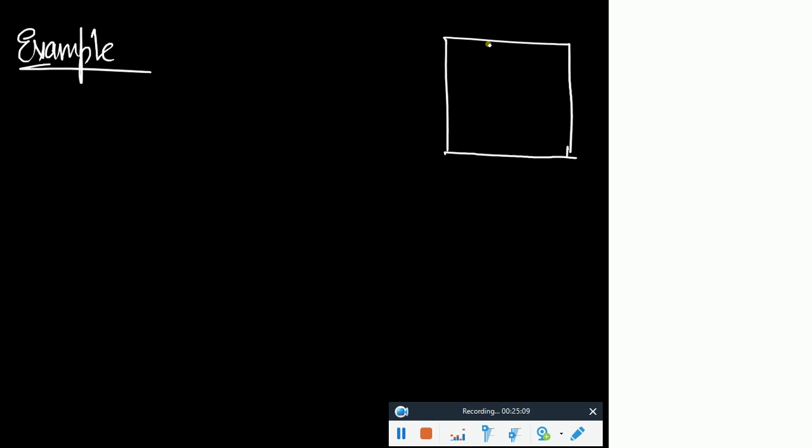Just consider an example. I say that this is one box and I divide it into, let's say, a few boxes. I ask you what is the area of this system. Obviously you can find out the areas of all those 9 boxes, and the addition of those areas would give you the area of the total system.